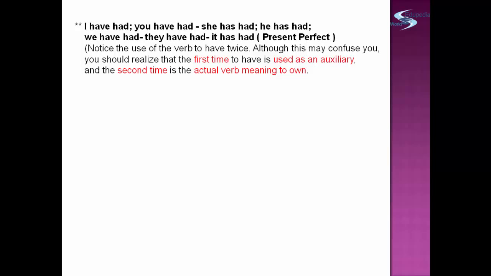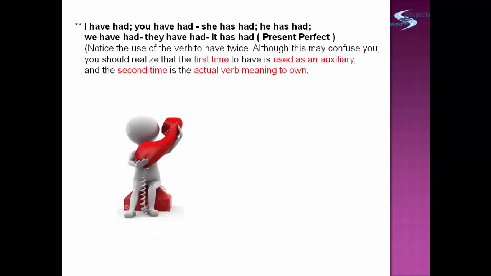Although this may confuse you, you should realize that the first time the verb to have is used, it is an auxiliary. And the second time that the verb to have is used, it takes the actual verb meaning to own. So, let us have an example again.